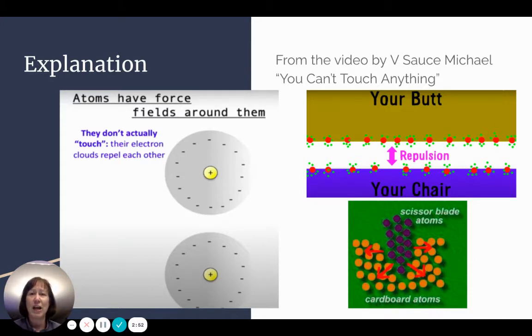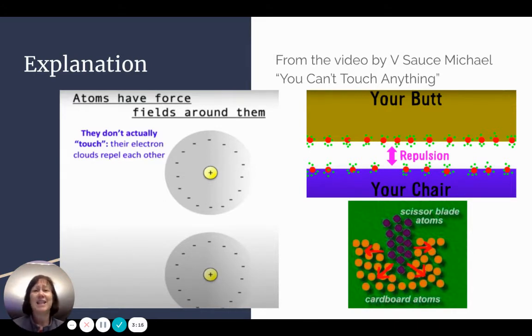So when our hand comes near to other atoms, the negatives are touching the negatives and they repel each other. And the closer that I try to get to the electrons, the more they push back. And so that's why the harder I push, the more pressure I feel, because the electrons are pushing away from each other or repelling each other more.